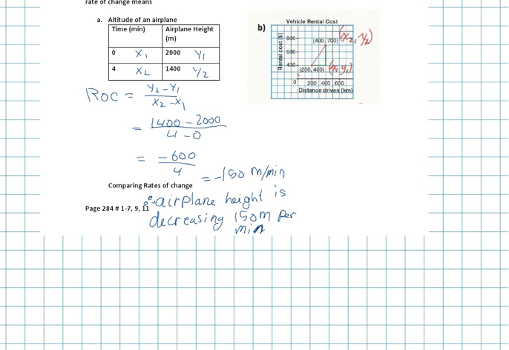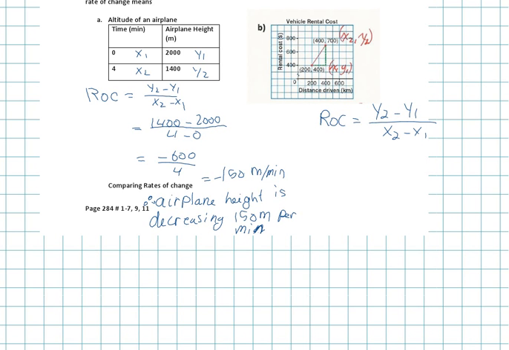Now, if we're looking at B, the vehicle rental cost, I can do the same thing. I have 2 points on the graph, I can label them as x1, y1, and x2, y2, and then plug them in. It's easier than doing rise over run because I don't know by how much it's going up. It's going up by 100, not by 1, so sometimes it's hard. It's always easier to use the formula, y2 minus y1 over x2 minus x1, and plug in the values for the corresponding letter.